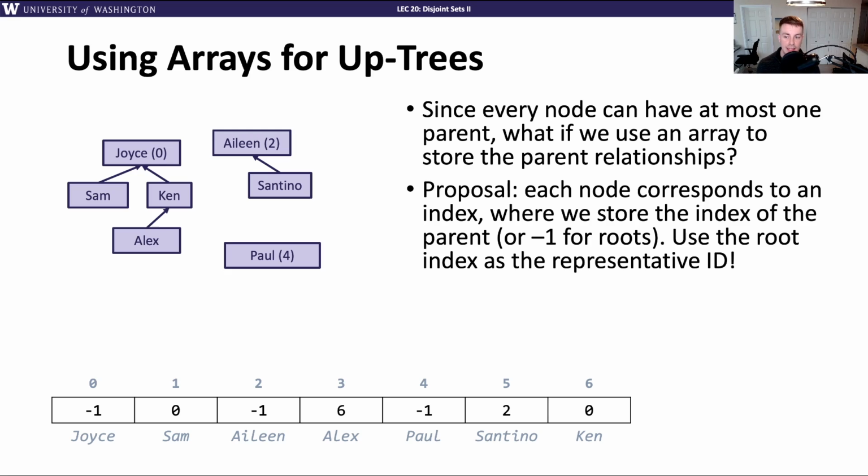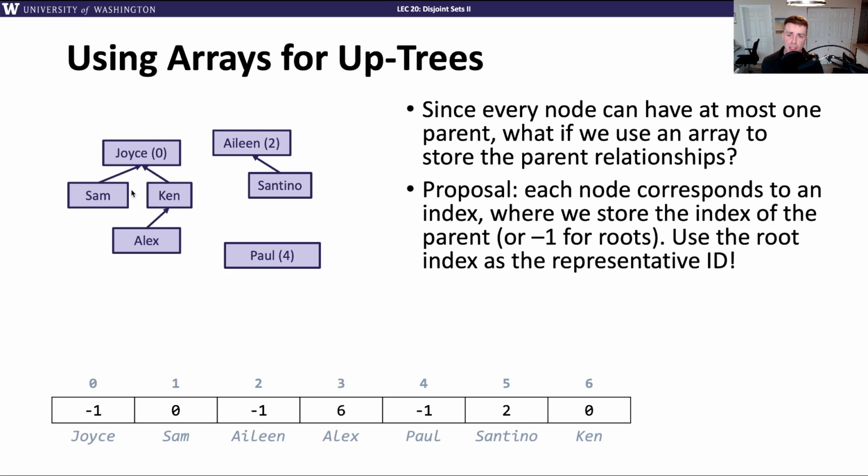For example, since Alex's parent is Ken, the value at Alex's index is 6, saying that her parent is at index 6, who is Ken. And then Ken's parent is at index 0, who is Joyce, which is exactly why we see Joyce here. So this array representation captures all of these parent-child relationships.